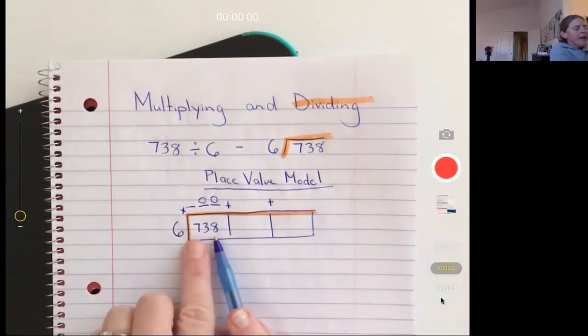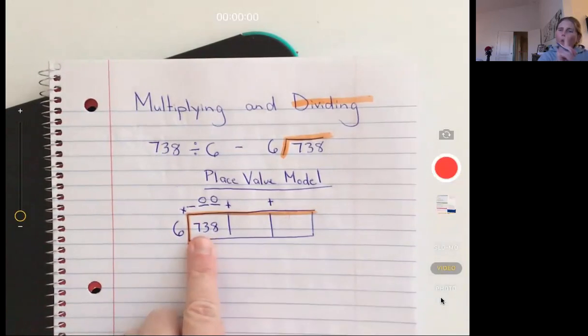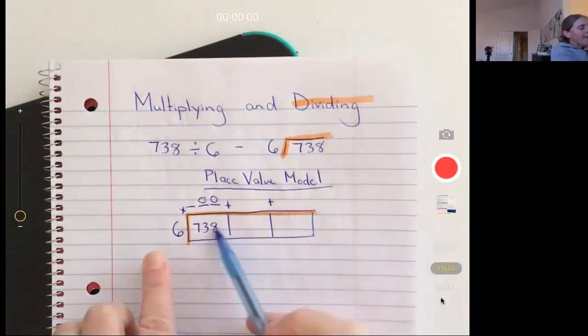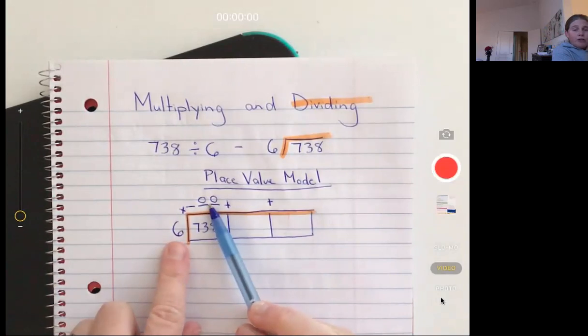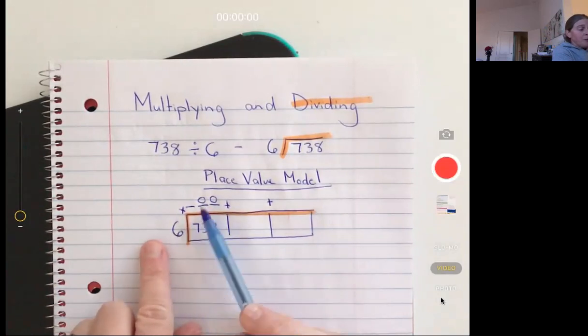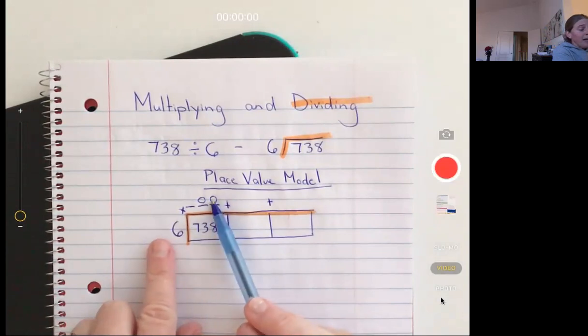Now, when I think of hundreds, I'm thinking 100, 200, 300, 400. That would be 6 groups of 100, 6 groups of 200, 6 groups of 300.